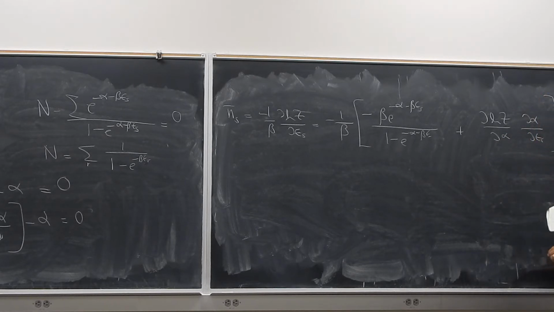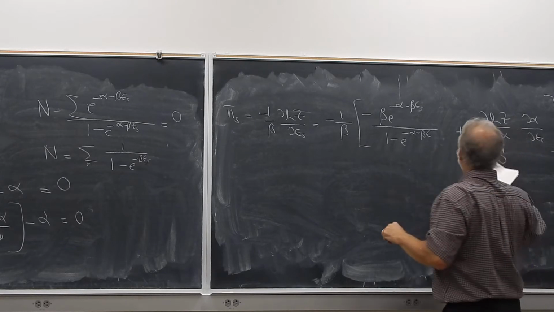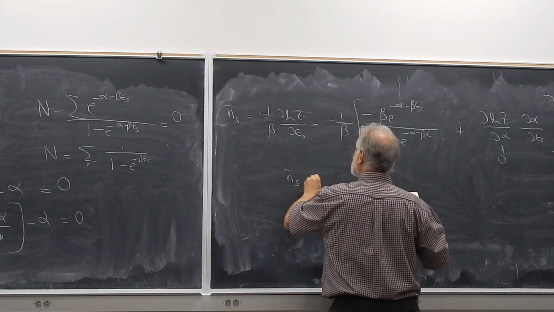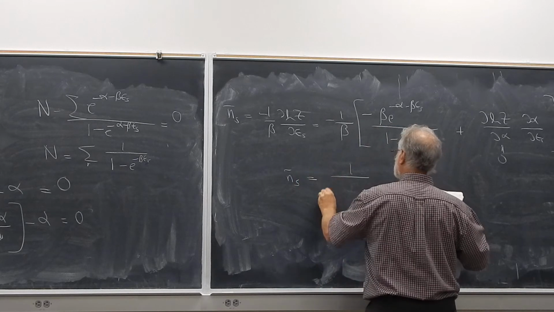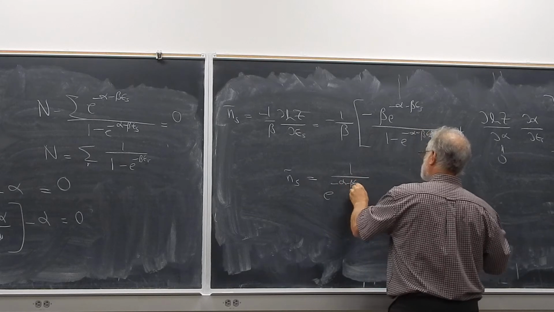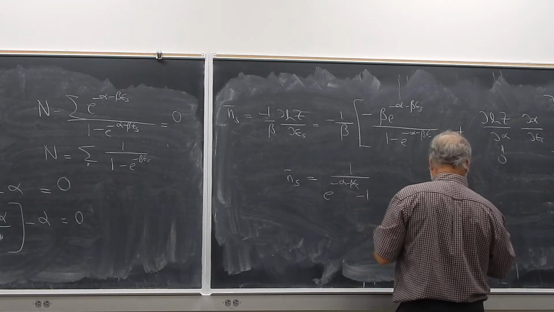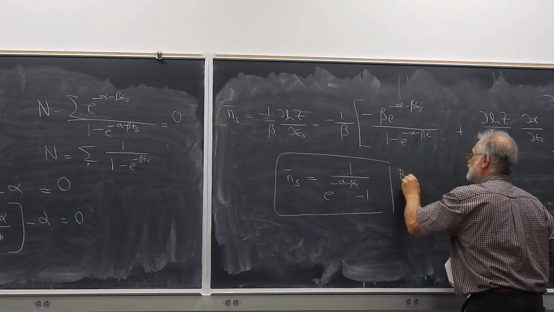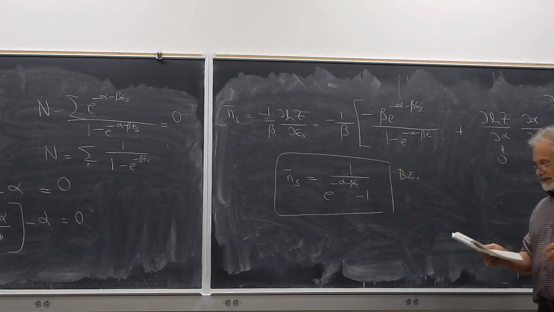But because d log z d alpha is 0, the second term up here vanishes, and we're left with n sub s is equal to 1 over e to the minus alpha minus beta e sub s minus 1. And this, of course, as we did earlier, is the Bose-Einstein distribution.